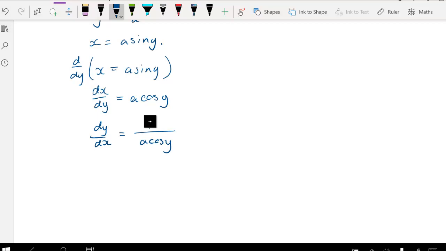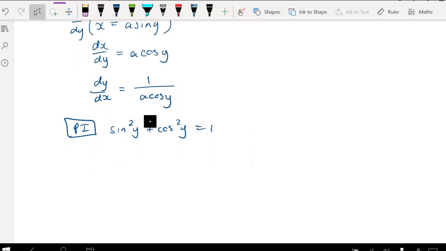Now, the final thing we have to do is deal with this a cos y. So if we look at the Pythagorean identity, we know that sine squared y plus cos squared y is equal to 1. And if we multiply everything by a squared, we've got a squared sine squared y plus a squared cos squared y is equal to a squared.